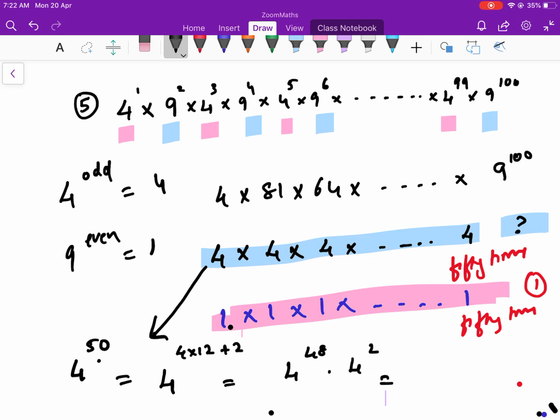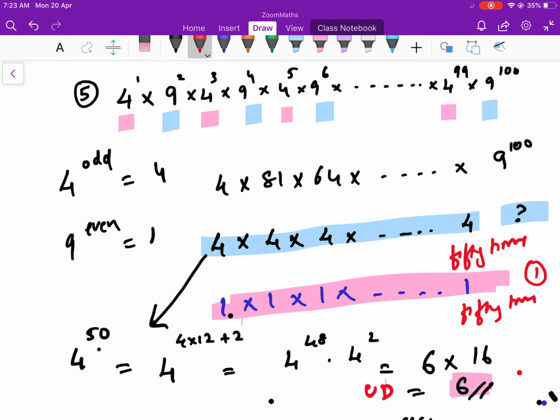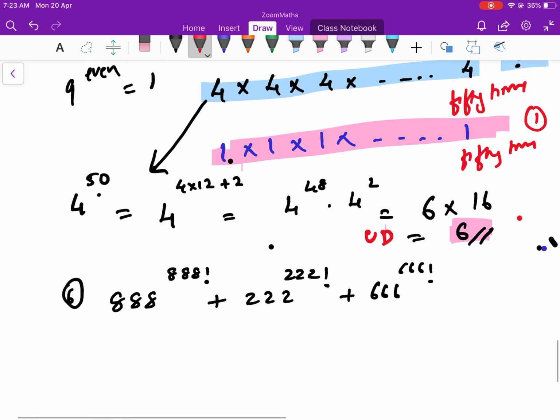Which is nothing but 4 raised to 48 ends in 6 always, into 4 raised to 2 is 16. 16 into 6 is 6. So the unit digit is 6. Your answer is 6. Okay? That's your unit digit. See that? It's so simple. So try to observe the problem, see the patterns, go back to the concepts, and you can solve the problems easily.